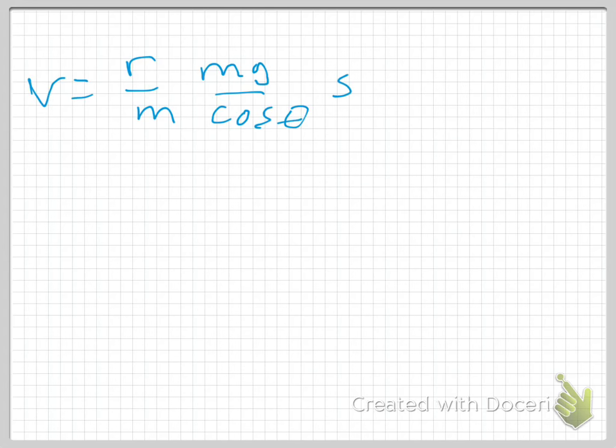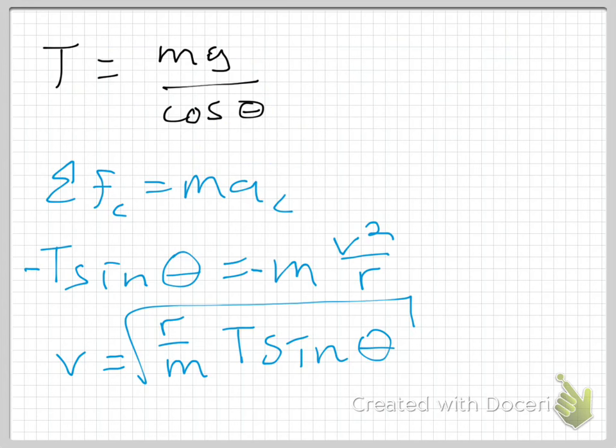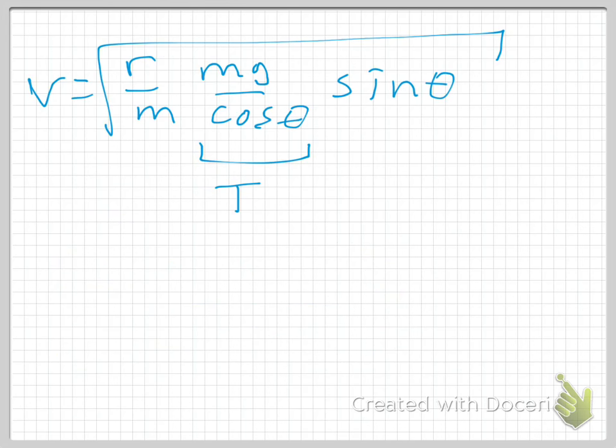So let me rewrite this. v is equal to the square root of r over m times T sine theta, but T is mg over cosine theta, and then I have a sine theta, all under a radical. Let me make sure I copied that down correctly: r over m times T, which is mg over cosine theta, times the sine of theta. It looks like I got it.